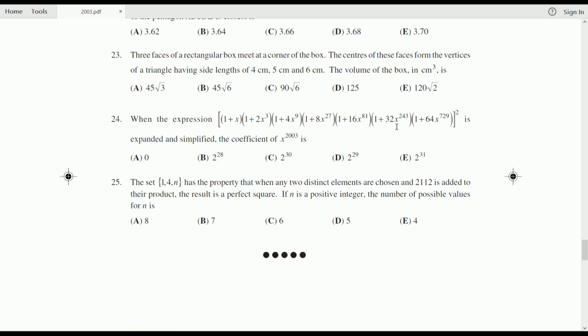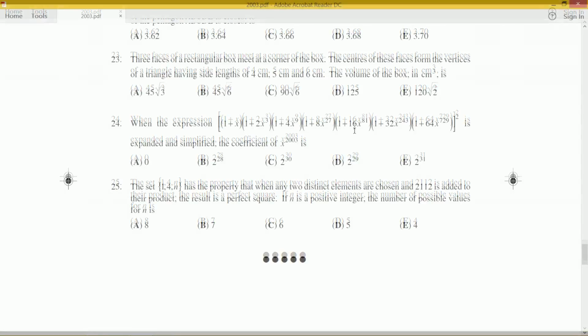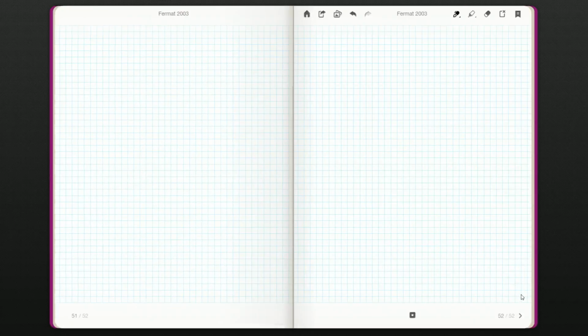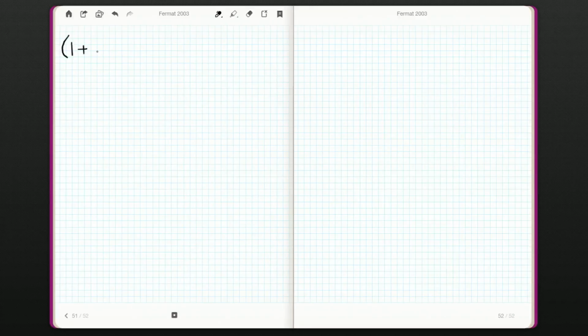Okay, so what's jumping out at me as I read this? Well, I'm noticing a pattern to each of these little bracketed expressions. I feel like I'm going to need some more space, so I'll already flip the page here. So we had 1 plus x, and then 1 plus 2x^3, and then 1 plus 4x^9, and then 1 plus 8x^27.